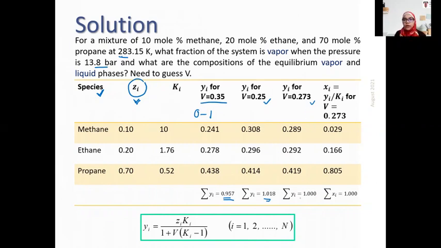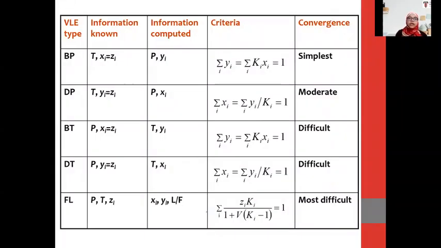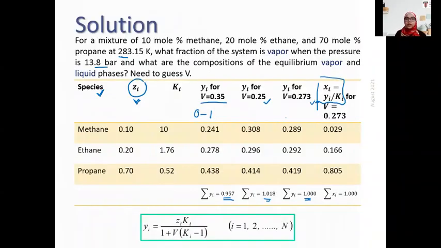If the summation reaches 1, you can stop the iteration, and your V here is 0.273. And then finally, using this correlation, you can get the value of xi. So this is how we solve the VLE problem using the flash calculation.